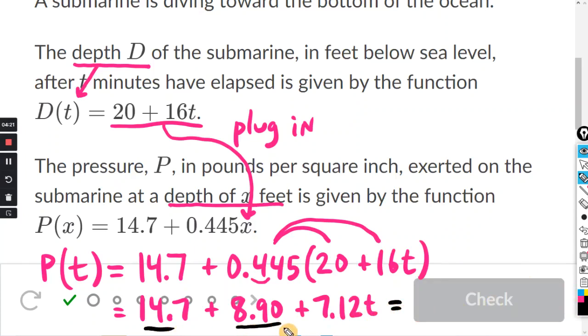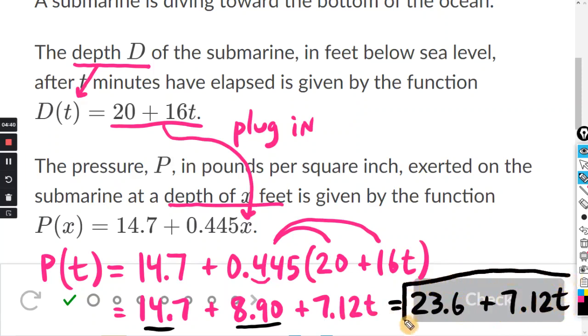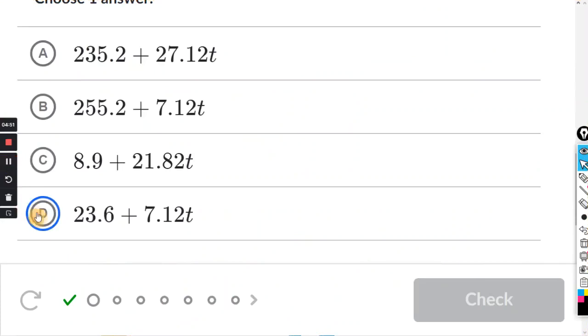Neither of those have variables, so 14.7 plus 8.9, I get 23.6, and we still have 7.12t, and that is your final answer. We now have pressure based on time t as a function of time t. Answer D.